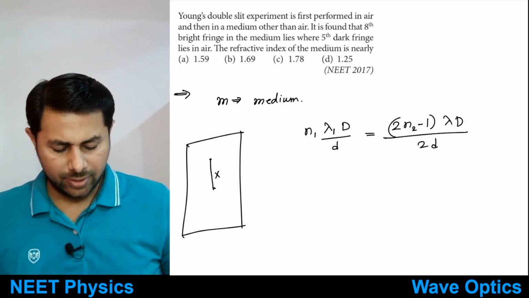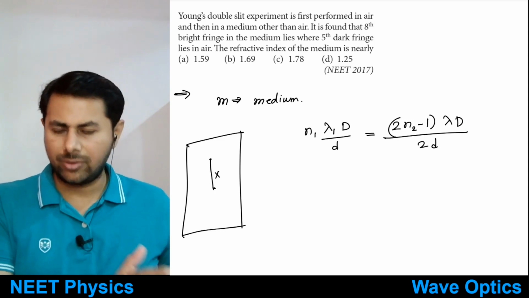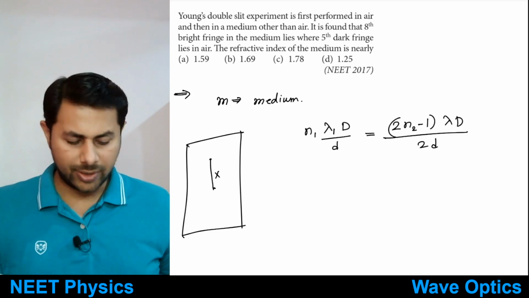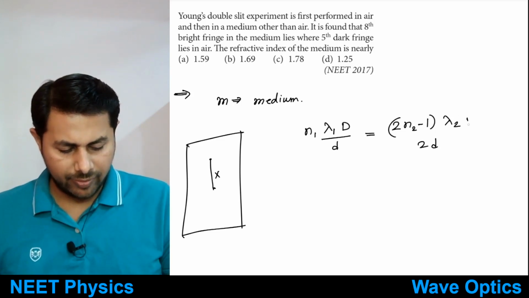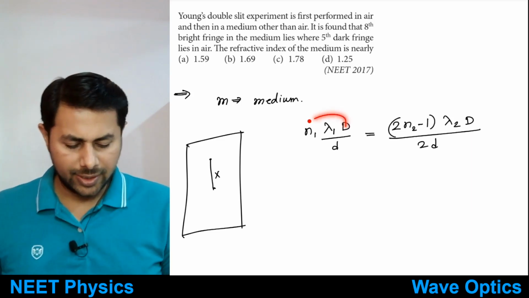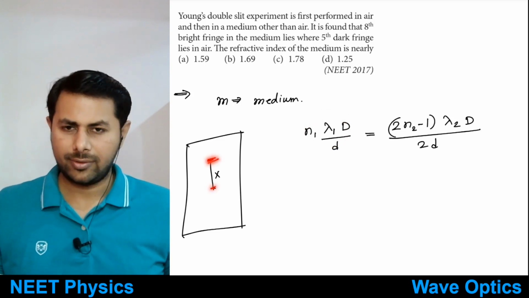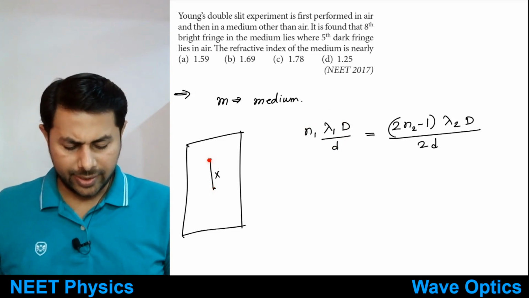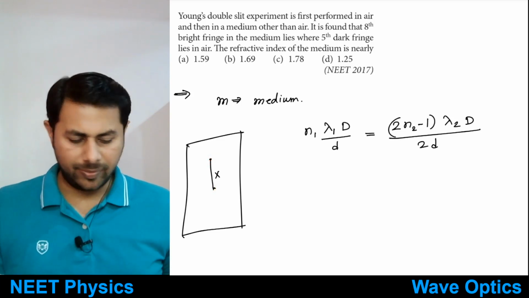Okay, so distance of n1 bright fringes is equal to distance of n2 dark fringes. But the wavelength will change, right? This thing is clear. Distance of n1 bright fringes from the center is equal to distance of n2 dark fringes in some other medium.